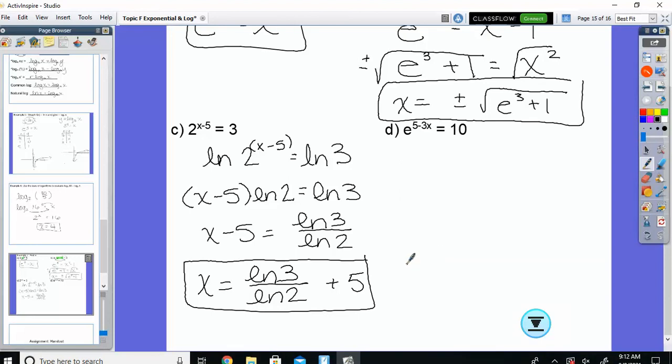Okay. Since we're not using calculators on the test, you wouldn't have to change it to a decimal. You can just leave it like that. Is that one okay? Last one. What would I do?